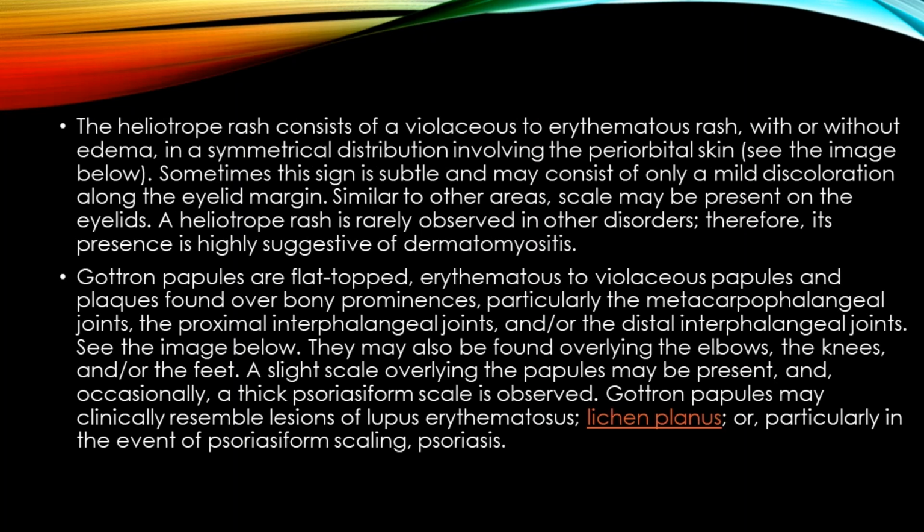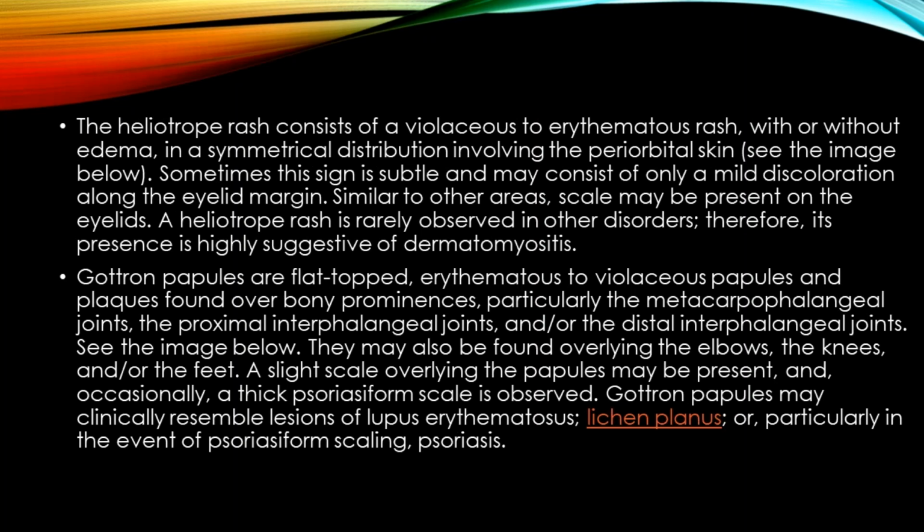Similar to other areas, scale may be present on the eyelids. A heliotrope rash is rarely observed in other disorders. Therefore, its presence is highly suggestive of dermatomyositis. Pay attention, its presence is highly suggestive of dermatomyositis.